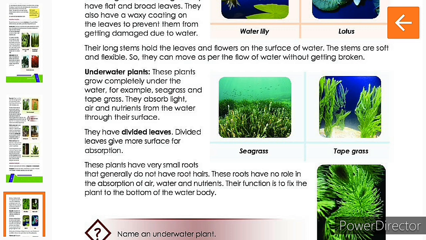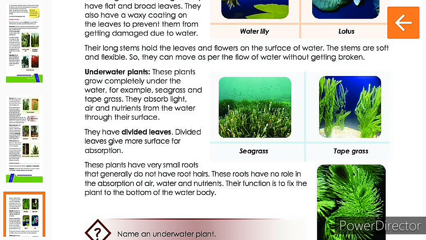These plants have very small roots. They generally do not have root hair. These roots have no role in the absorption of air, water and nutrients. Generally, what is the function of roots? They absorb water and minerals from the soil and pass them to the plant.